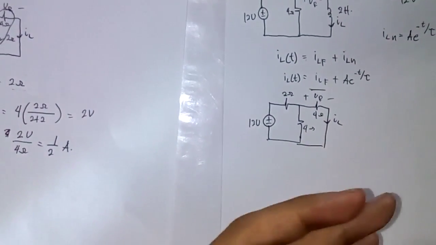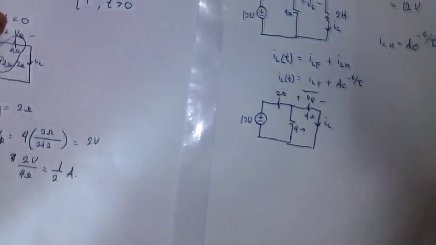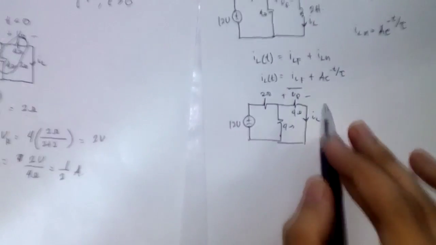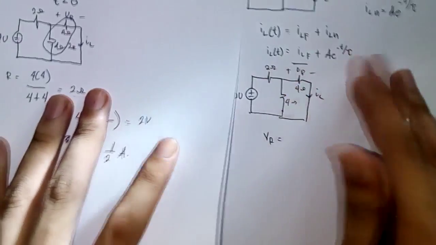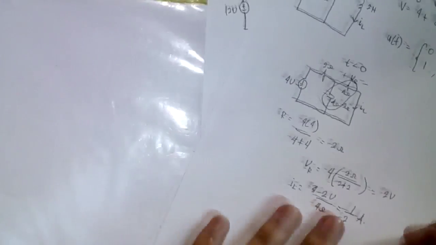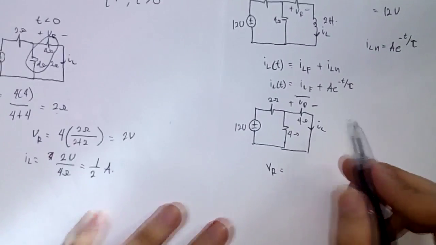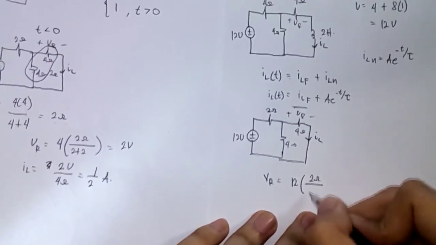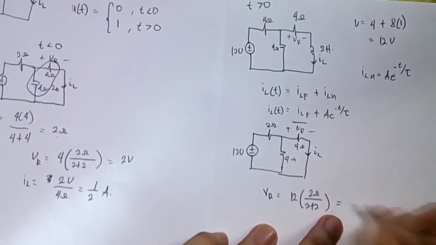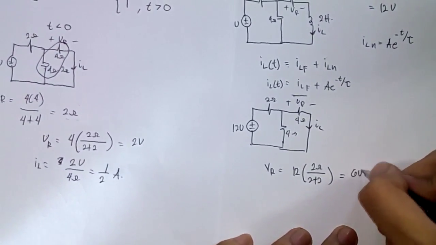To get the IL, I'm just going to do the same process I did here. So first we need to get the voltage VR. This is the same process, only that we have a voltage source of 12 instead of 4. So 12 times 2 ohms over 2 plus 2 is equal to 6 volts.